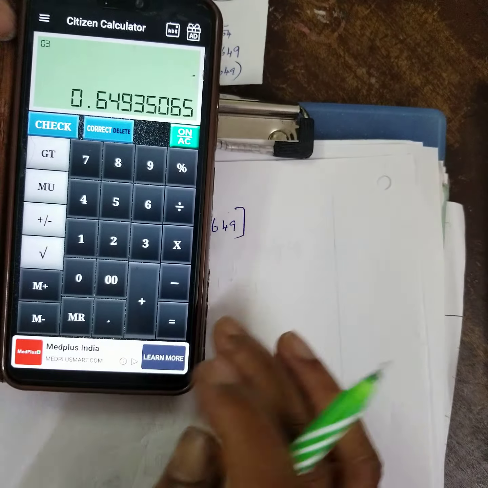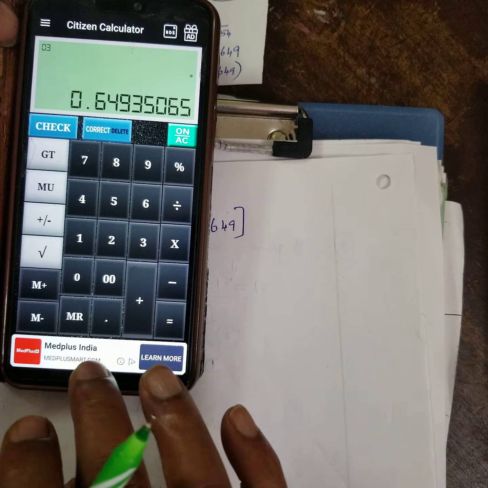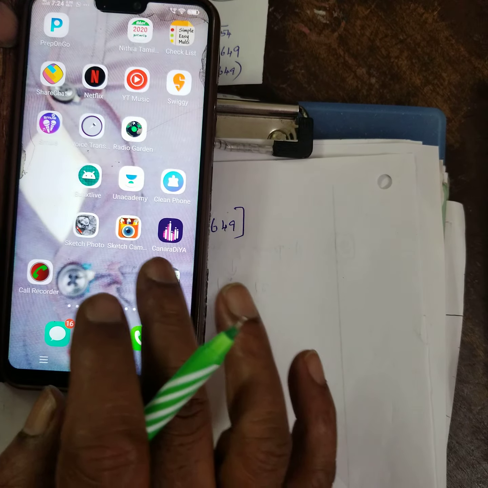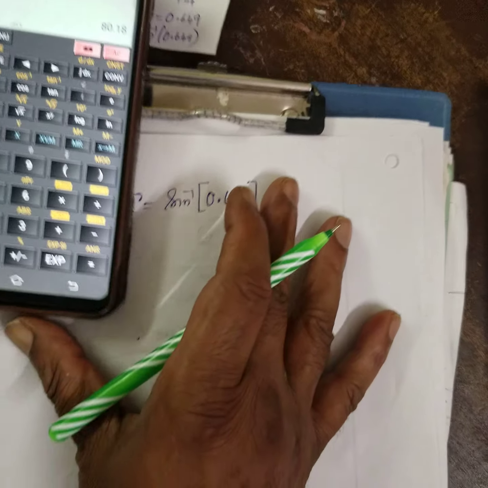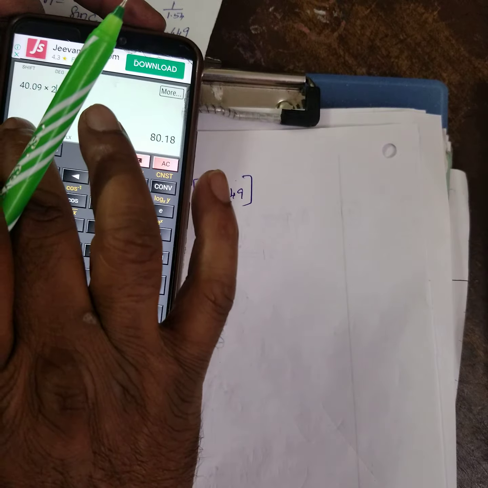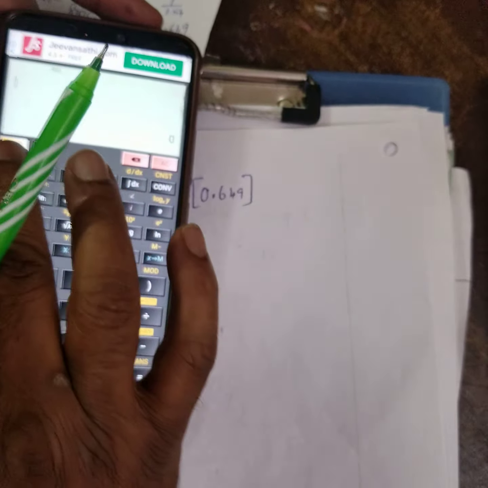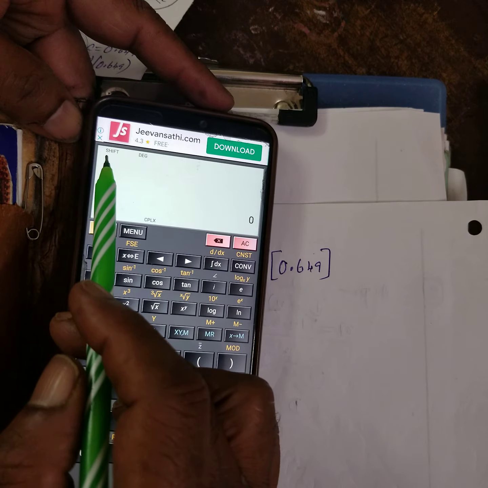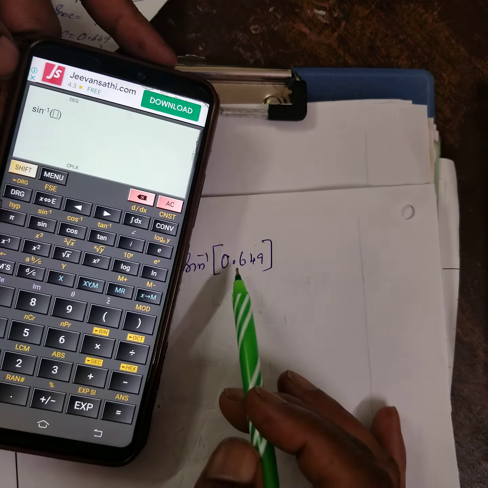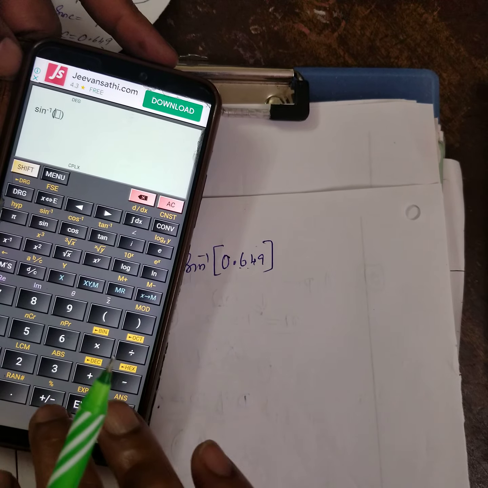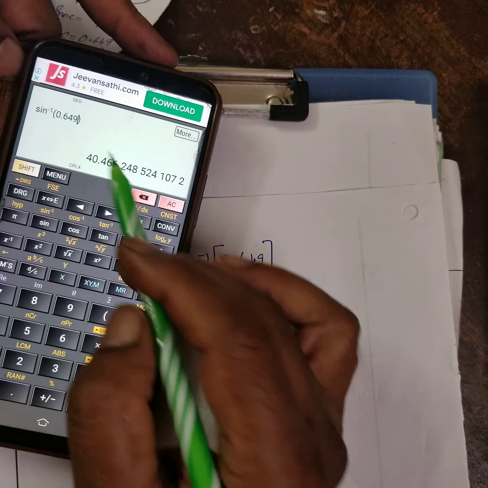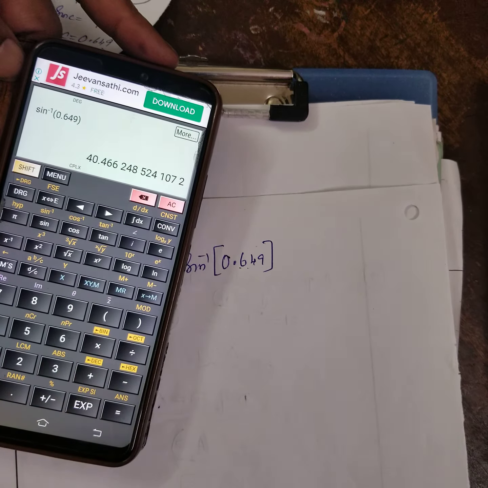Then I'm pressing shift, sin inverse 0.649. How much? 40 degree.